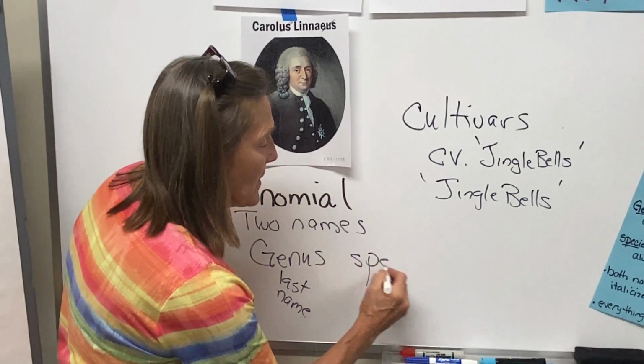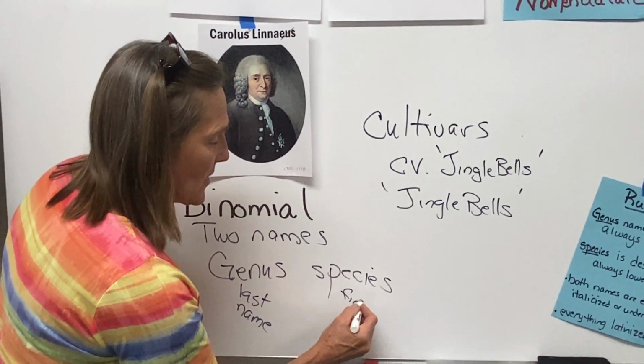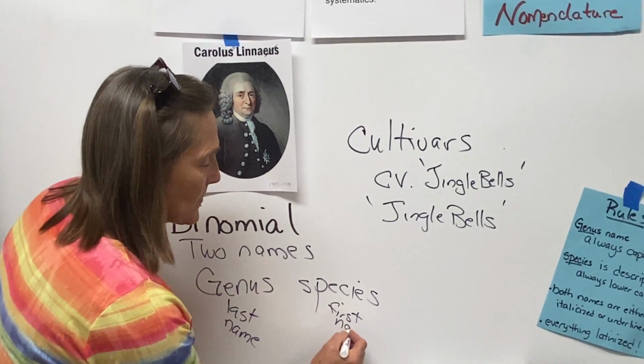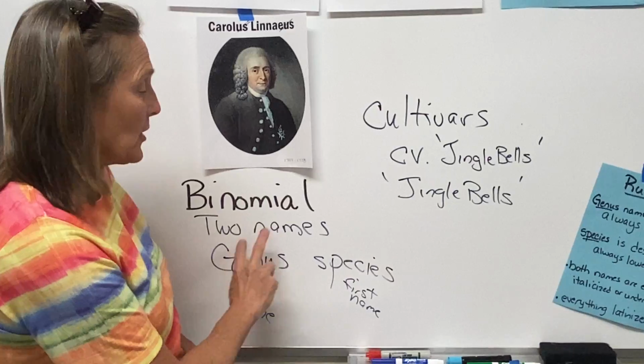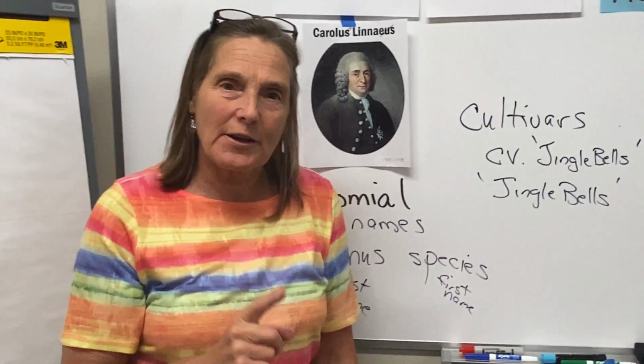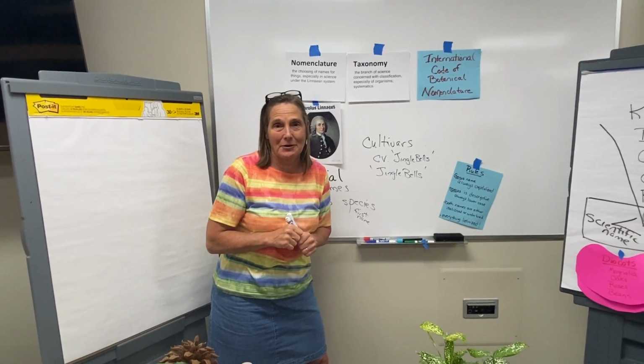So there's 2 of them. The species name is more like my first name, like Joyce. And it's a very descriptive word. So it's called a binomial system, 2 names. So there you go. There's the chapter on plant nomenclature with some vocabulary words you need to know.